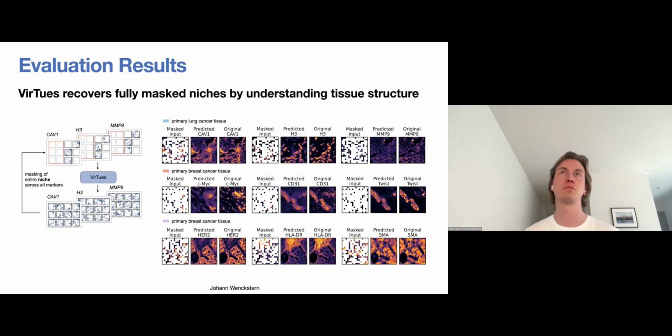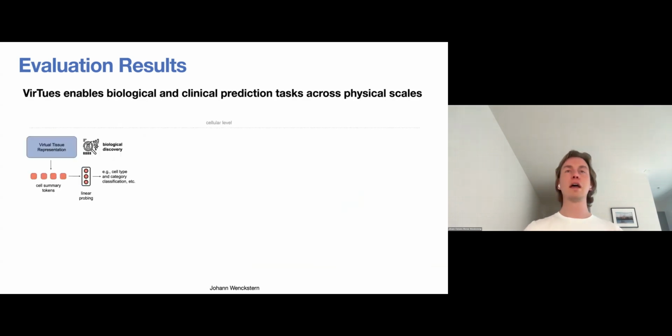And so predicting the best expected signal doesn't necessarily mean predicting the most realistic looking signal anymore. But nonetheless, we see that VirTues learns spatial correlation patterns.